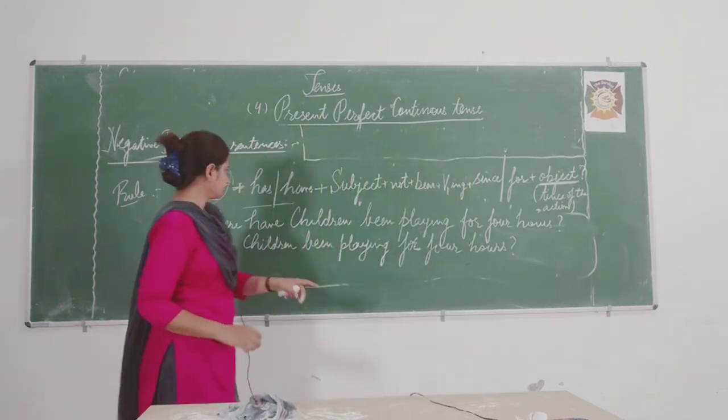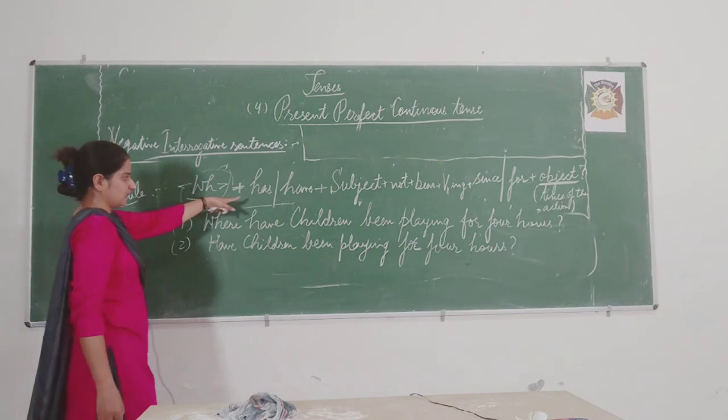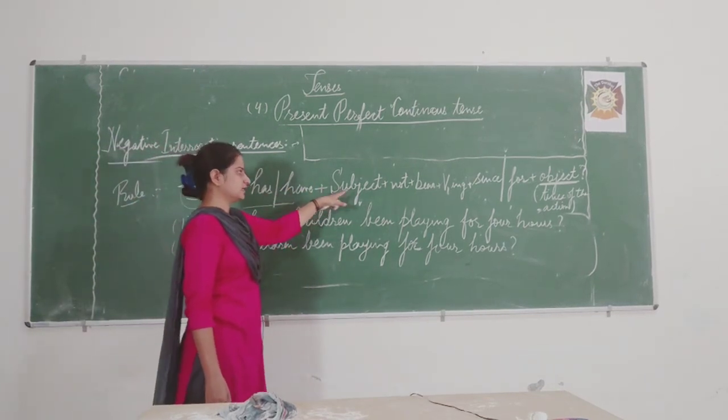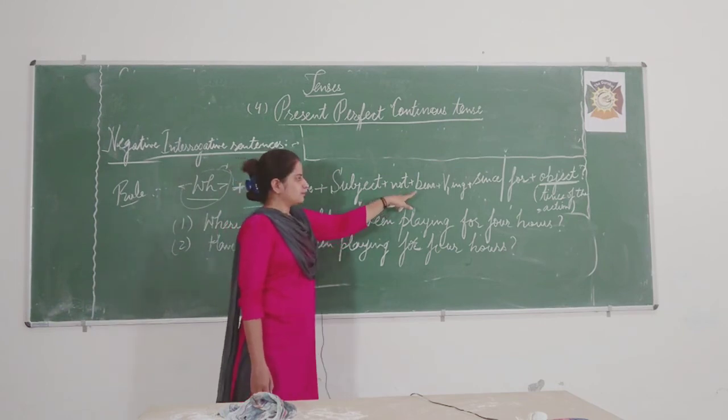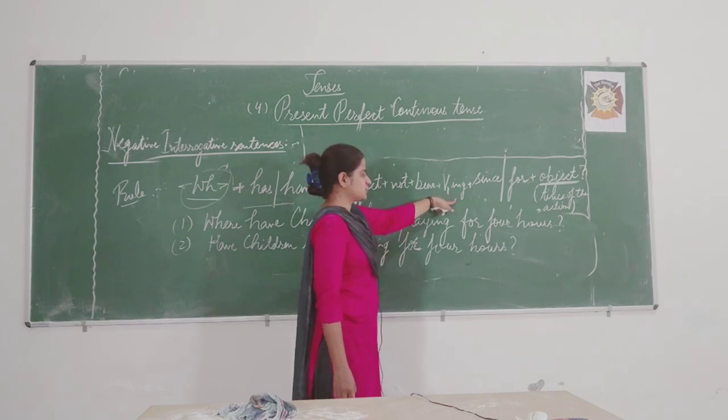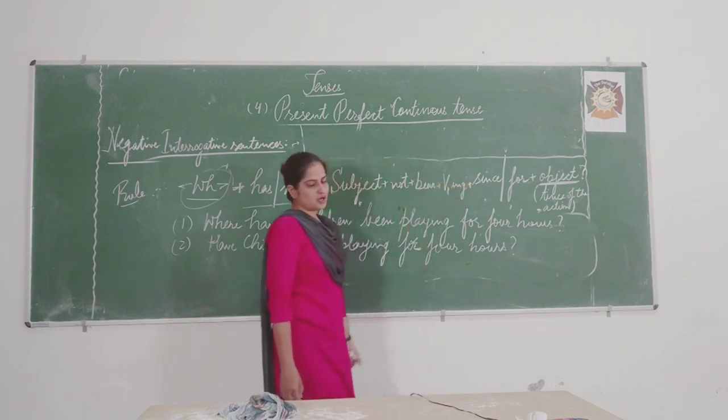See, WH family words, has or have helping verb, then comes the subject of the sentence, then not, then been plus verb's first form and ing, since or for, then comes the object.